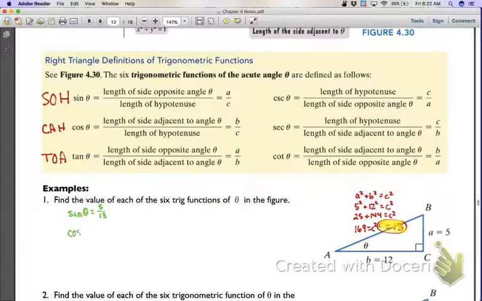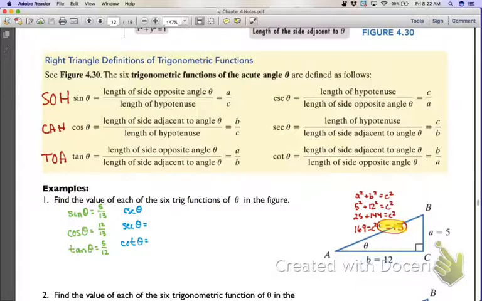Do the same thing for cosine. Do the same thing for tangent. So cosine is adjacent over hypotenuse, so 12 over 13. Tangent, opposite over adjacent, so 5 over 12. And then the sister functions, I'm just going to make sure I match up that I have cosecant of theta, secant of theta, and cotangent of theta.